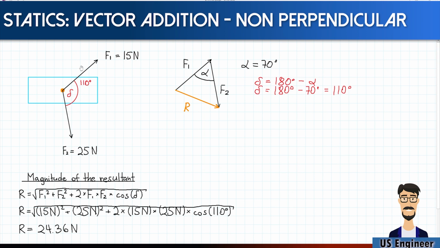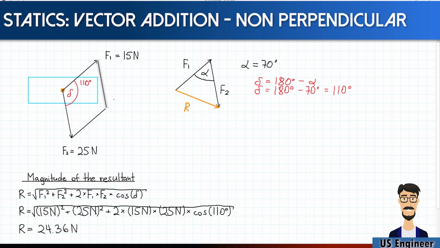And you might be wondering, why can you use this formula? Well, that's simple. If you construct a parallelogram of these two forces, let me actually do that for a second. So that's going to be parallel to the force F1, and this one is going to be parallel to the force F2.